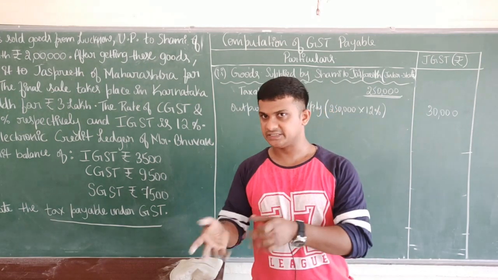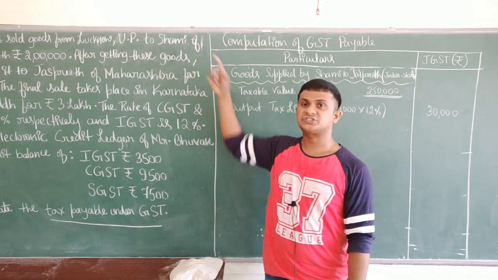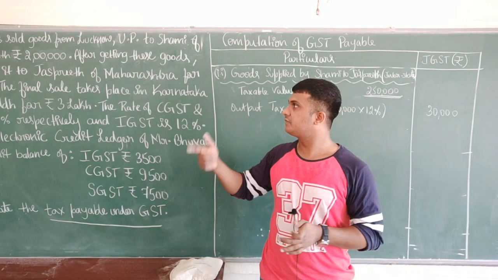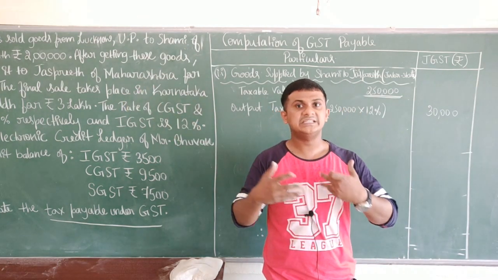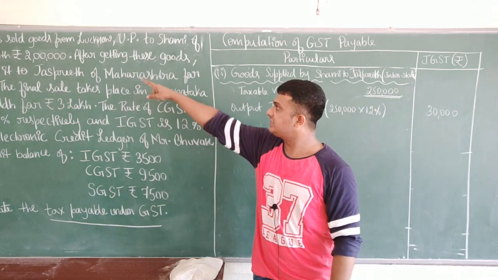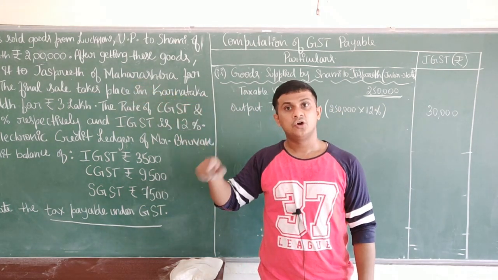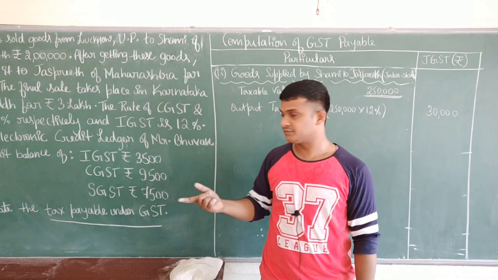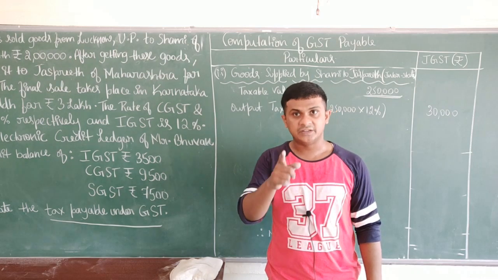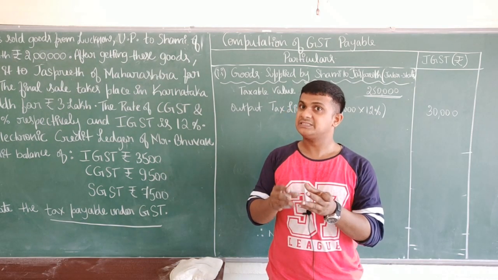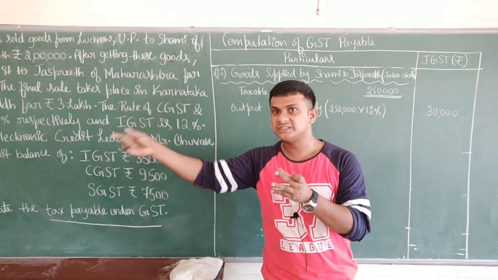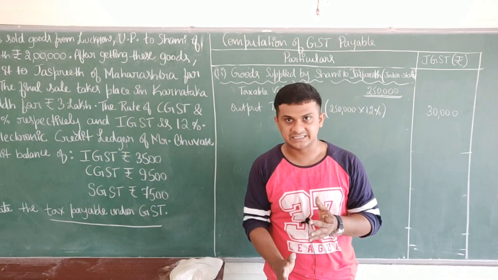Previously in the transaction, Shami has purchased goods from Bhuvan. The value of the goods is 2 lakh. On that he has paid tax at 12%. 2 lakh into 12% is 24,000. So Shami has paid 24,000 on his input as IGST.